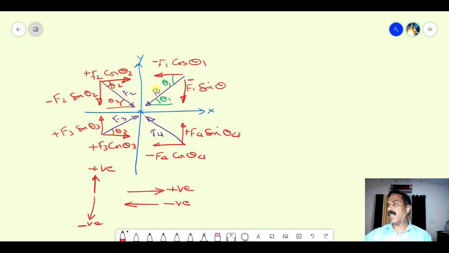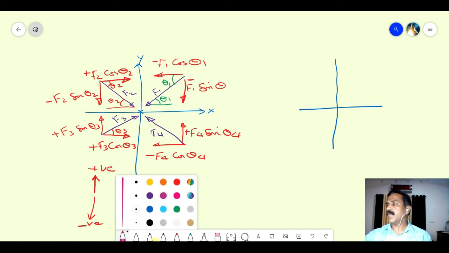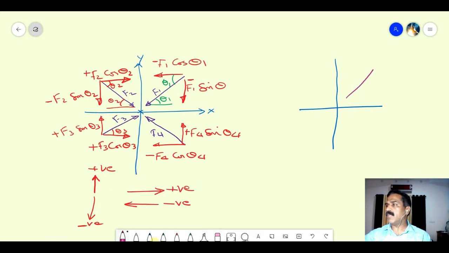Okay, then let us see another case in which the forces are acting away from the origin. Let us see that case also, then we will see how we can find out the resultant. All the forces in the quadrants are acting away from the origin.